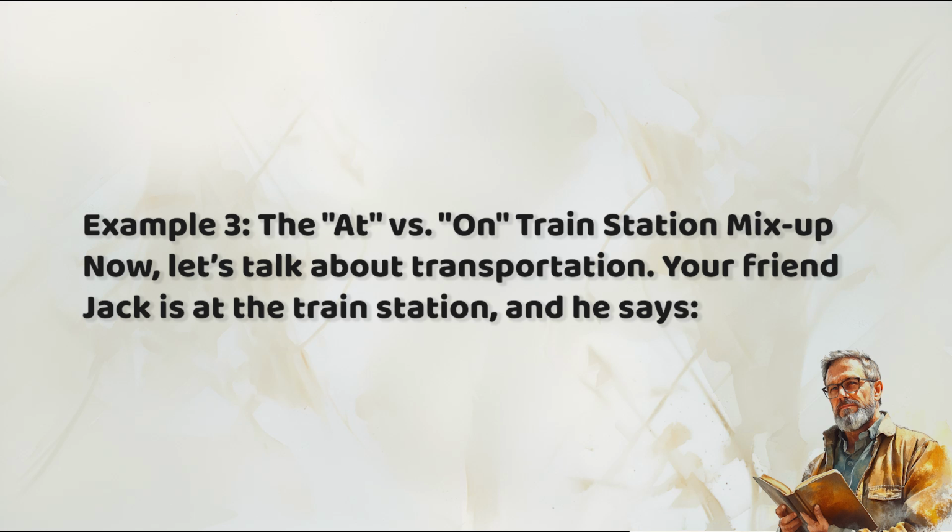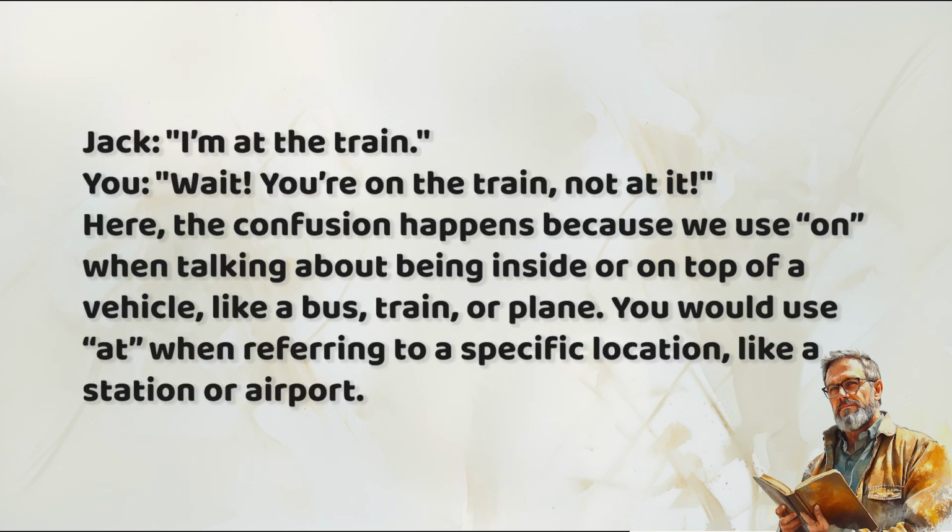Example 3. The at versus on, train station mix-up. Now let's talk about transportation. Your friend Jack is at the train station and he says, "I'm at the train." You say, "Wait. You're on the train, not at it."